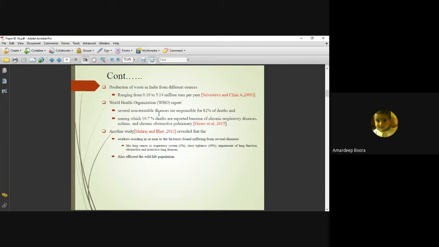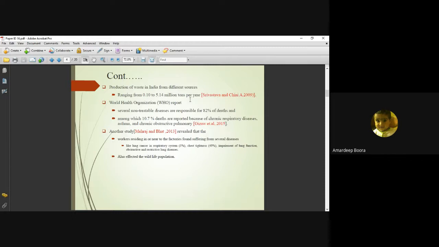The waste production in India from different sources ranges from 0.10 to 5.14 million tons per year, as per Srivastava and Chini in 2009.